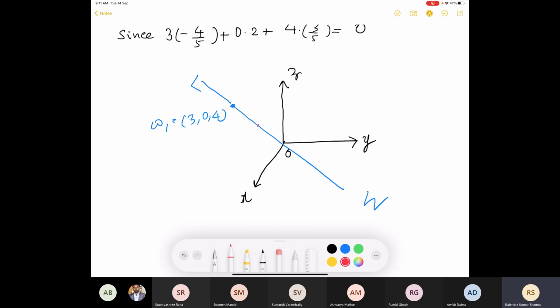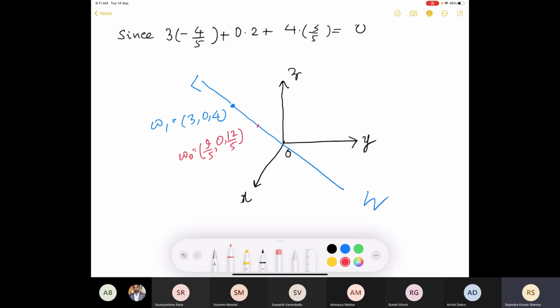So this is your W naught. And you can see now that the point V is 1, 2, 3 somewhere here.